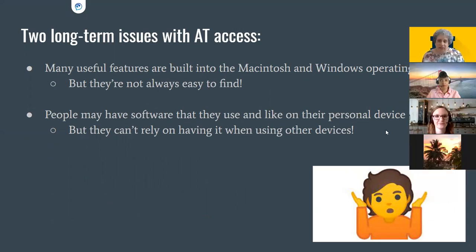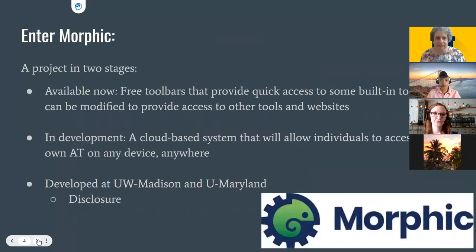In addition, for a lot of third-party assistive technology, people may have something on their own personal device or in a specific location, which is great when they're using that device or in that location. It's not very helpful if they're somewhere else where they don't have access to that particular software. Next slide, please.